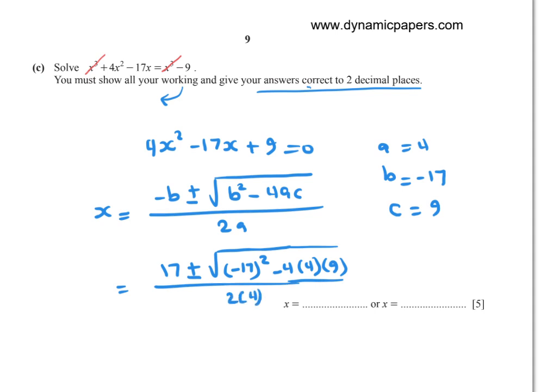Now with your calculator, mode 5.3, you can get the answer directly, but this is the working.